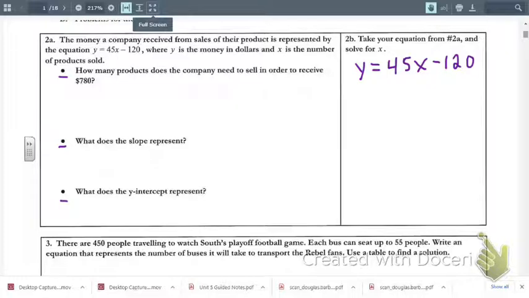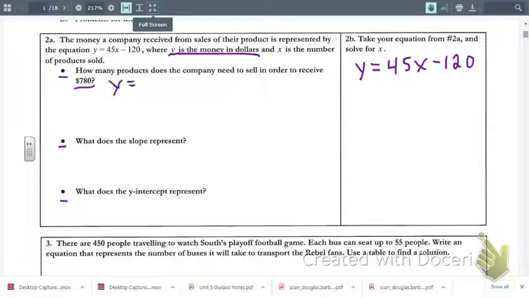All right, so how many products does the company need to sell in order to receive $780? So if you notice up here, y is the money that the company makes in dollars. So if they want to make $780, how many products do they have to sell? We have to take the 780 and plug it in for y.